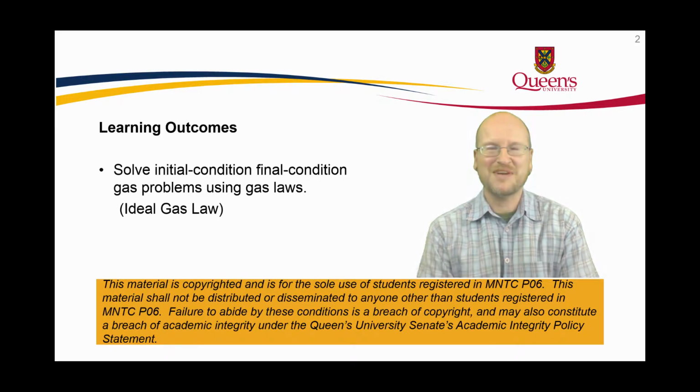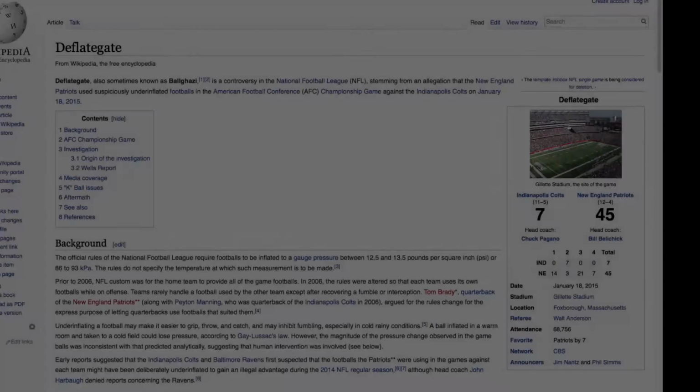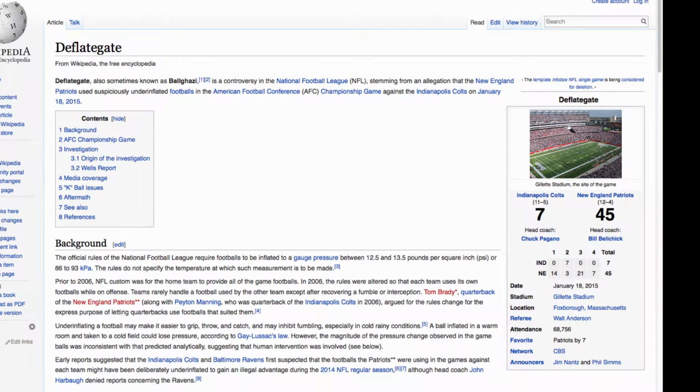Okay, I want to bring you to Wikipedia right now to talk about Deflategate. Deflategate, also sometimes known as Ballghazi, is a controversy in the National Football League, stemming from an allegation that the New England Patriots used suspiciously underinflated footballs in the American Football Conference Championship game against the Indianapolis Colts on January 18th, 2015.